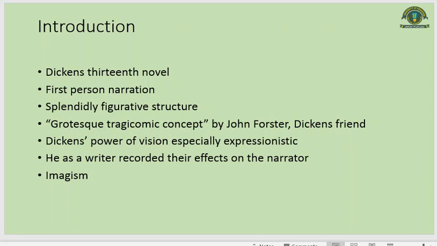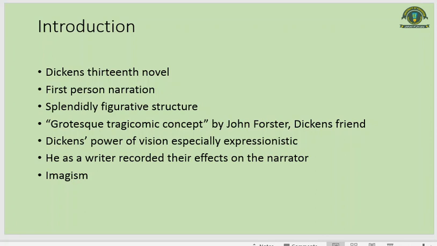A very prominent element is imagism. I am writing this term imagism, although it is quite a modern term. We are not familiar up till now with imagism in a novel, but I must say he has used a lot of images in this novel to explain his area of interest, to explain his true images.